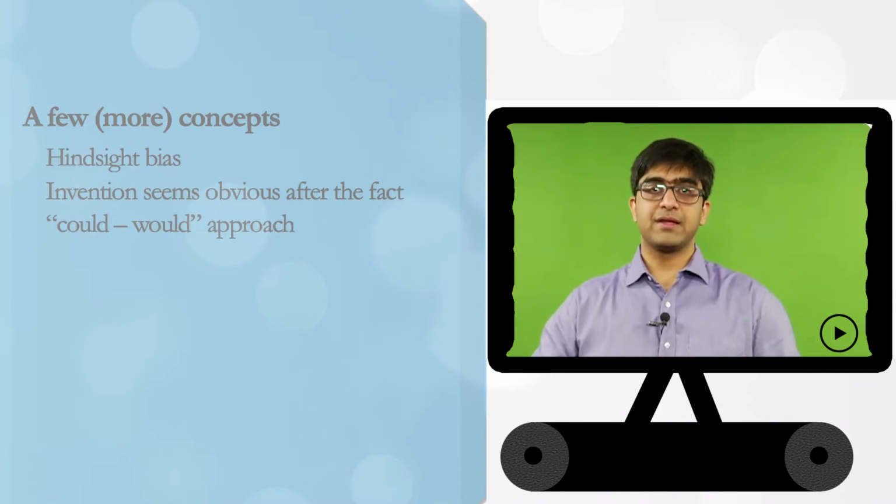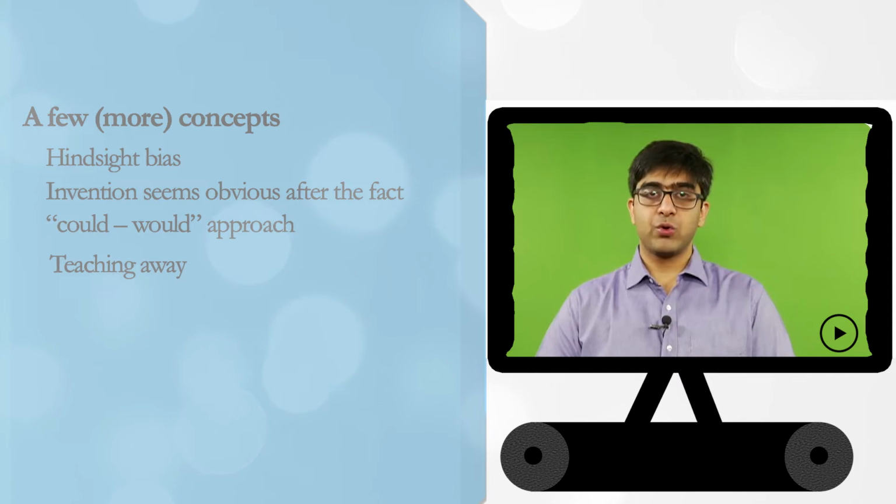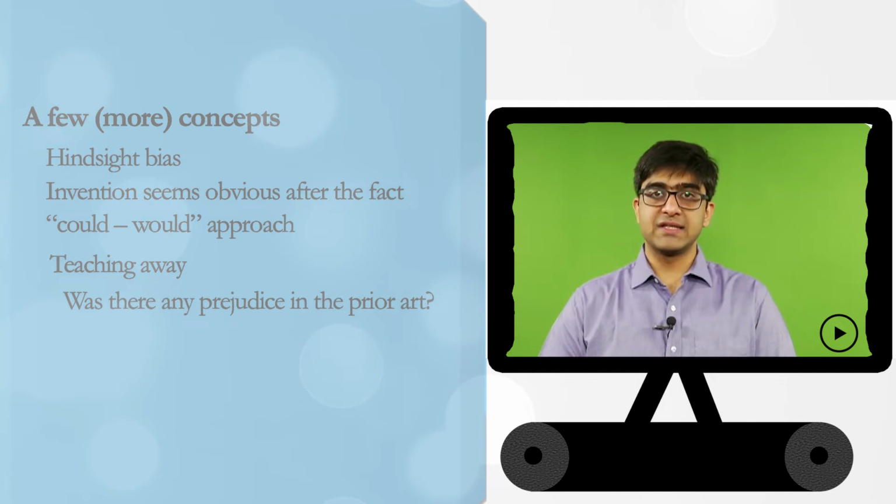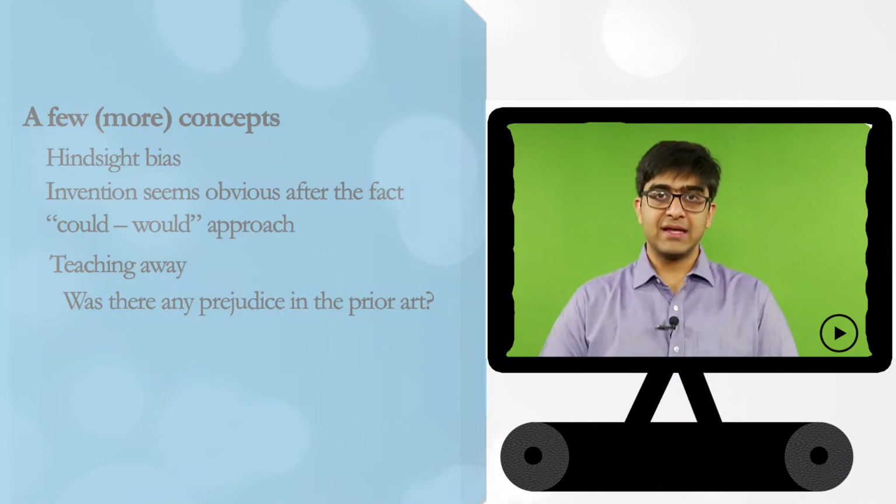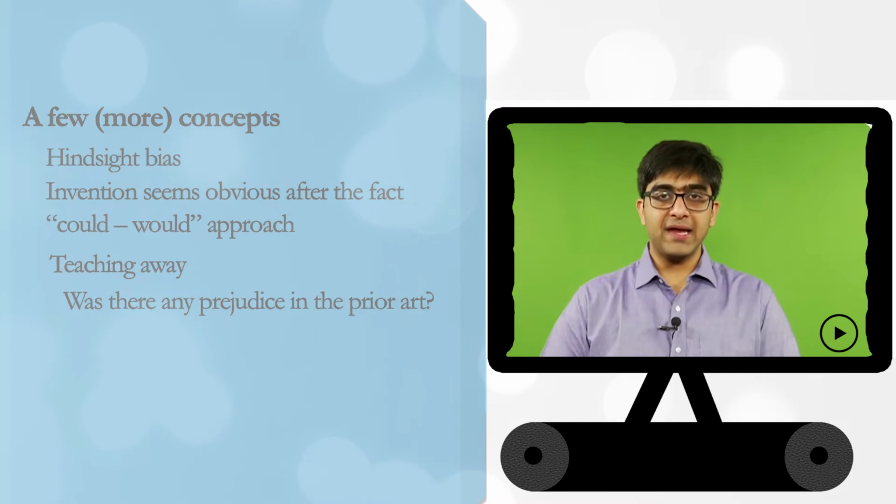Another concept that you would find in patent law is teaching away. Quite often, existing knowledge creates prejudices in the minds of the person skilled in the art. Let us say I am working on a particular problem, but the prior art reference tells me not to try out a particular solution. It says that a prior person has already worked on a particular solution and it seemed not to work for him.